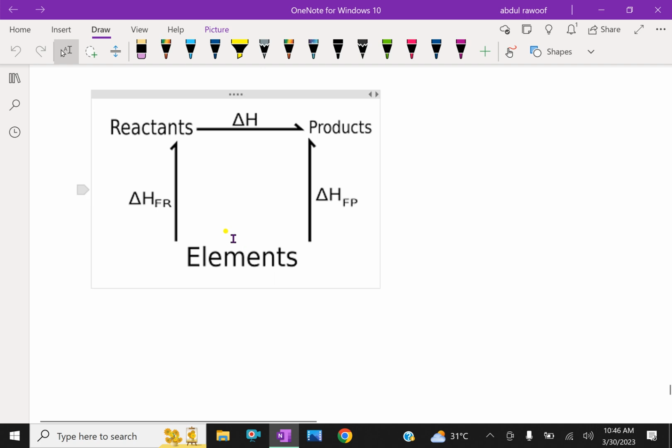Further, we will discuss Hess's law. Any two processes that both start with the same reactants in the same state and finish with the same products in the same state will have the same enthalpy change. This statement is the basis of Hess's law, which states that the overall enthalpy change in a reaction is equal to the sum of the enthalpy changes for the individual steps in the process.